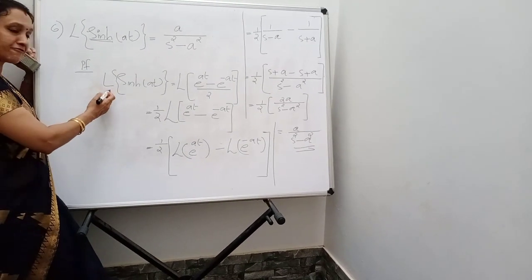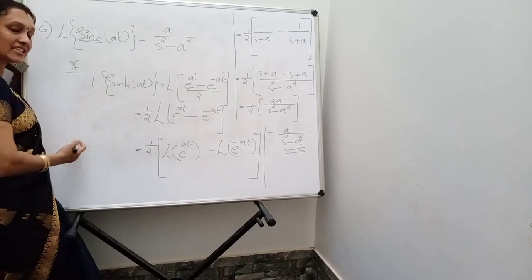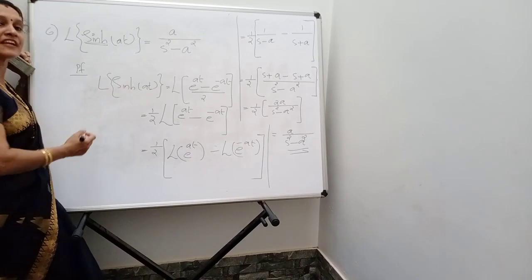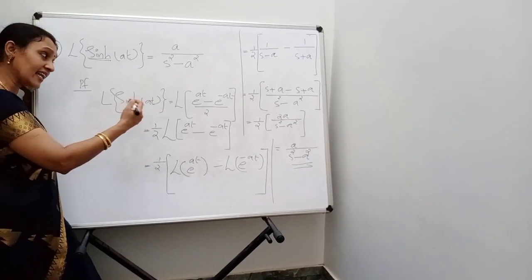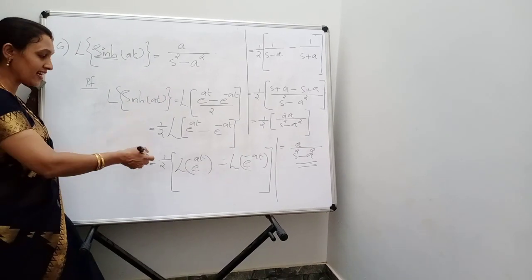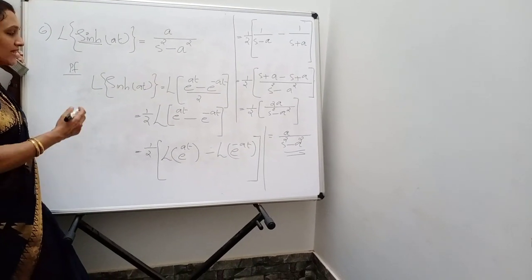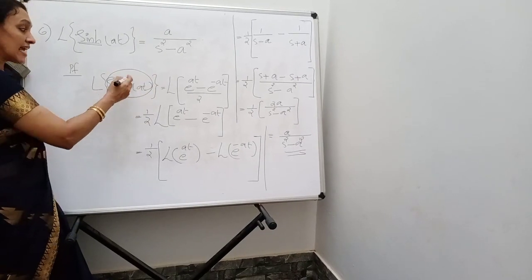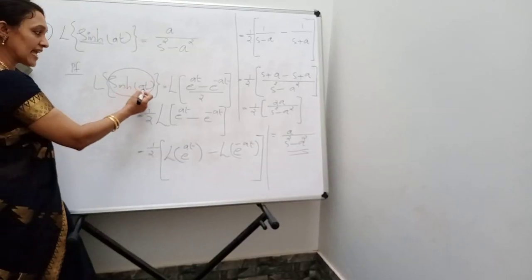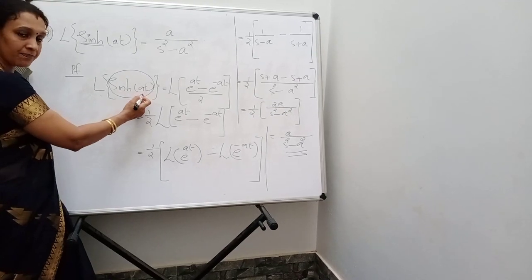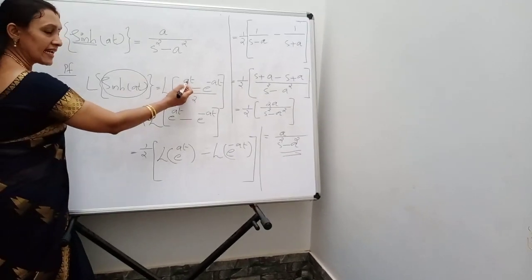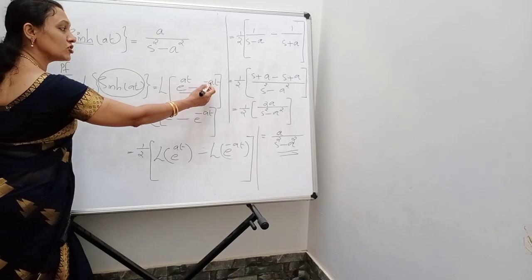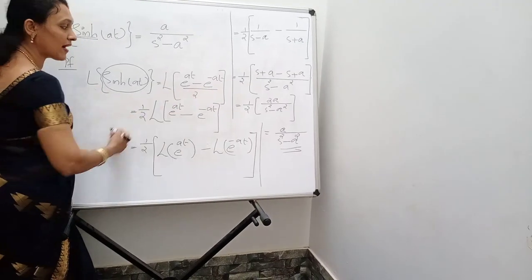You start with the definition, L of sinh at. See here, instead of integrating, we are using another technique for finding the Laplace transform of this function. So what is the definition of sinh at? By the definition, it is e raised to at minus e raised to minus at divided by 2.